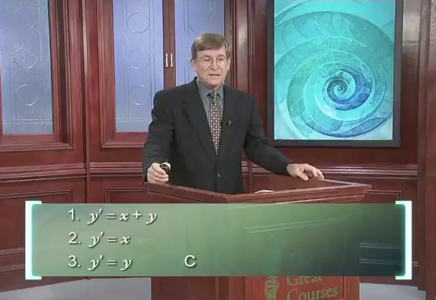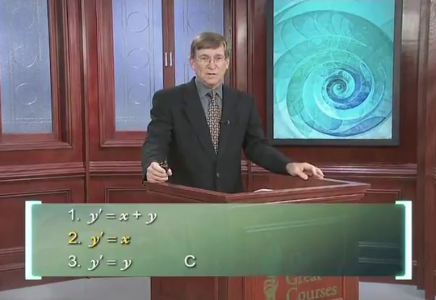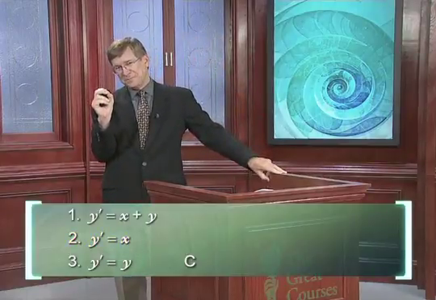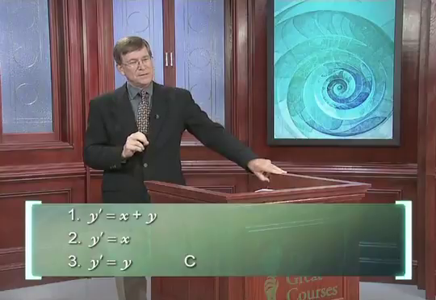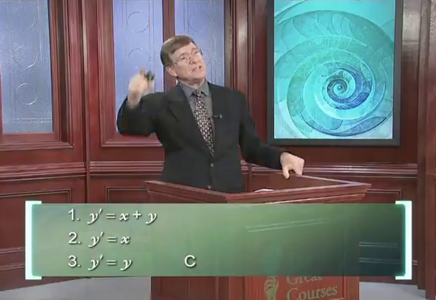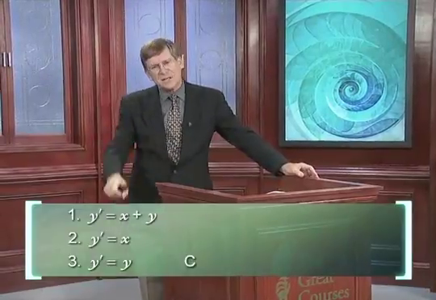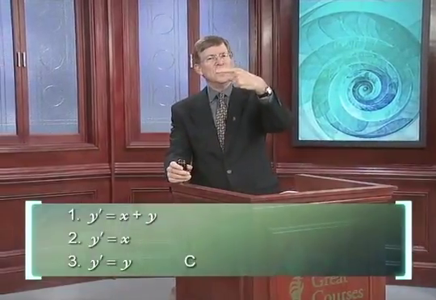Good. Let's do the same argument for the second one. Y prime equals x. That means if x is 0, the derivative is 0 there. And when is x 0? That's the y-axis. So along the y-axis, the tick marks should be horizontal.